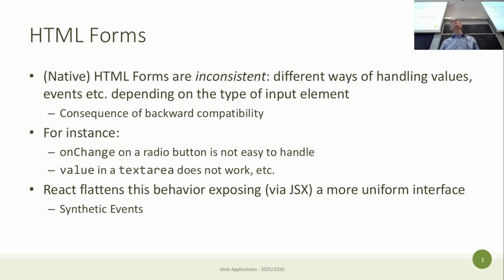Basically it remaps the events and the behaviors and values to what you would expect by programming React in a uniform way. So the library does a lot of things. It handles the virtual DOM, the differences, the DOM update, and so on, but it also handles these different behaviors of different elements in the form in the actual DOM. So it does quite a lot of things.